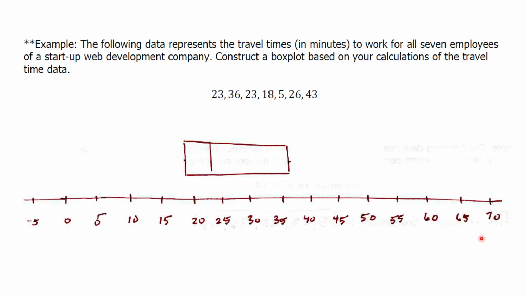Next, I'm going to draw the vertical bars at Q1, at Q2 or the median, and at Q3. Then I'm going to add my whiskers for my lowest value and my highest value. So my lowest value is 5 and my highest value is 43.